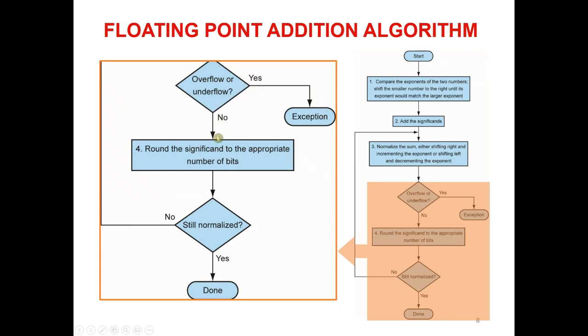And if everything is okay, we will round the significand to the appropriate number of bits. If after rounding it is still normalized, then we are done. And if it is not normalized, we jump again to step 3 in order to normalize it again, check the overflow, round it, and check again if it's normalized. Okay, so this is just what we have seen in the previous example, but in a formal way.